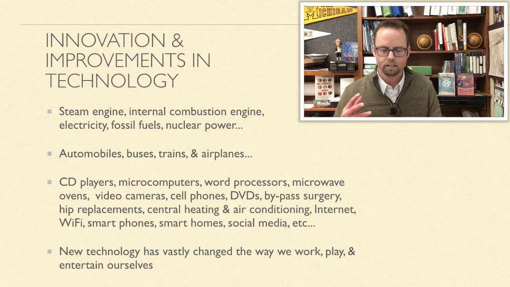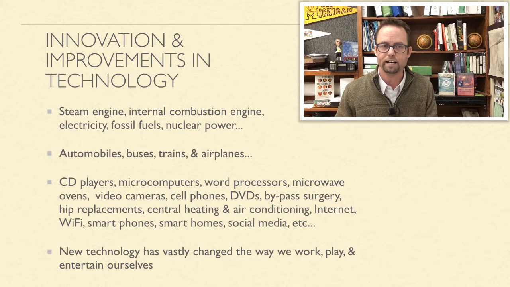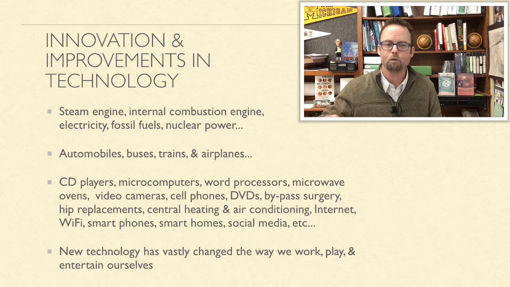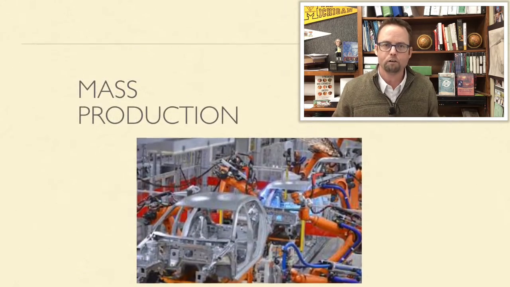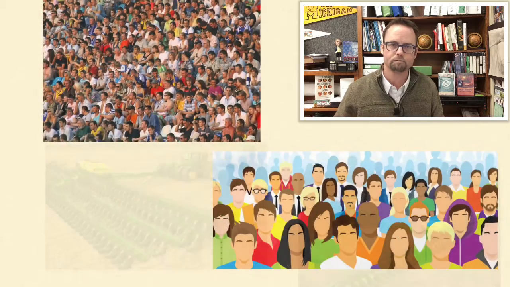And it's this ability to produce a lot more wealth at such great numbers that has allowed prices to come down. That, along with competition, makes what used to be only affordable to the wealthy affordable to the common man. After all, mass production is production for the masses.